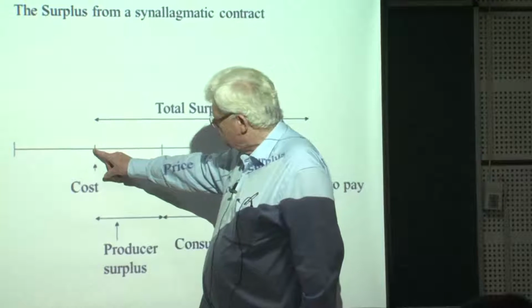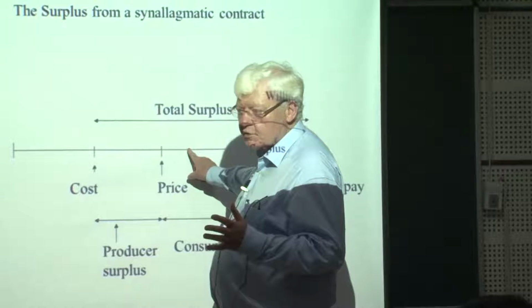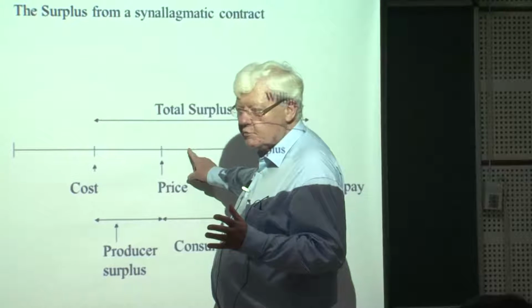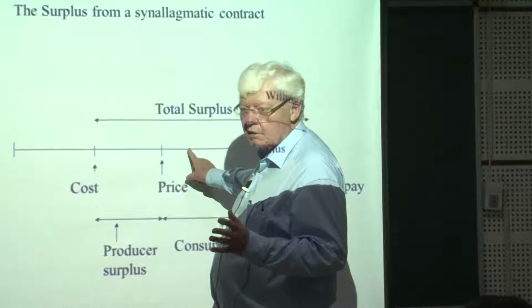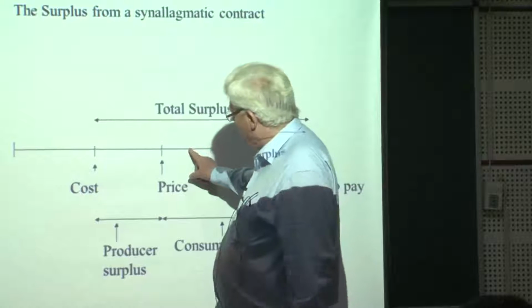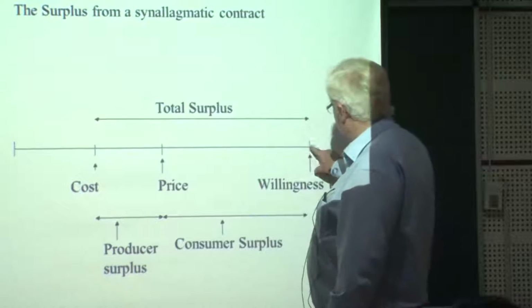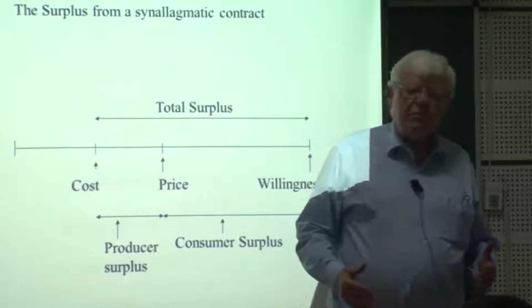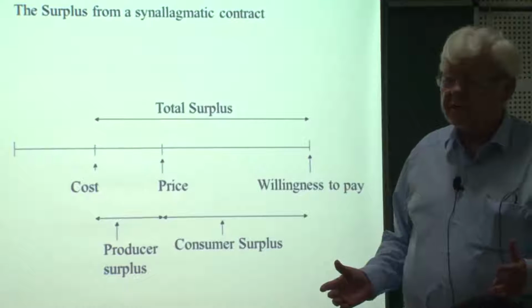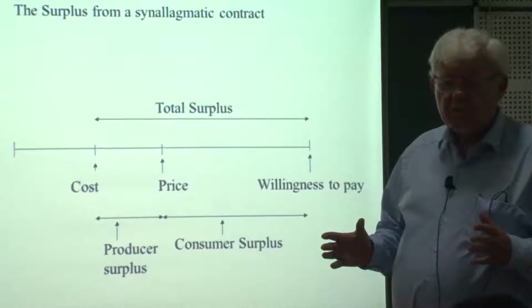But if the cost would increase from here to here without any sanctions, now the producer would not deliver anymore, right? Because he makes no gain. But there is still a surplus. But if the cost would increase, let's say, to this point here, then the total surplus from the contract would be negative. The sum total of consumer and producer surplus.